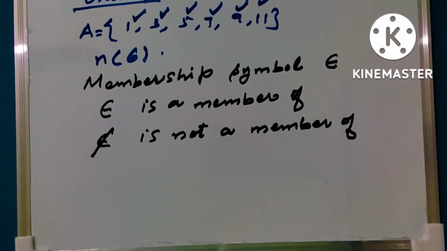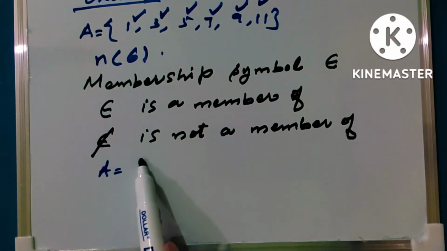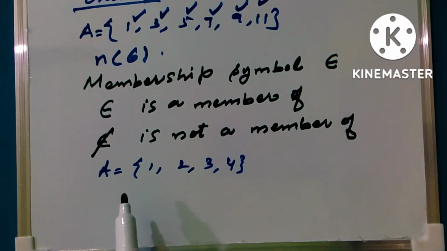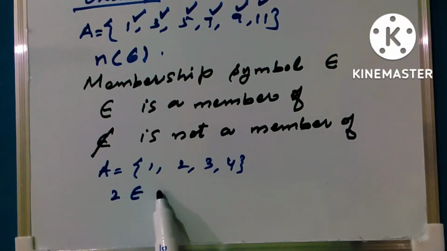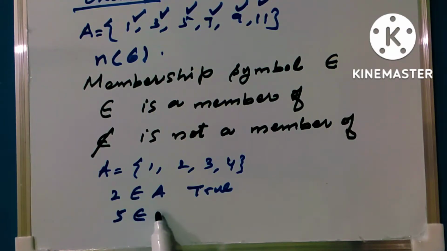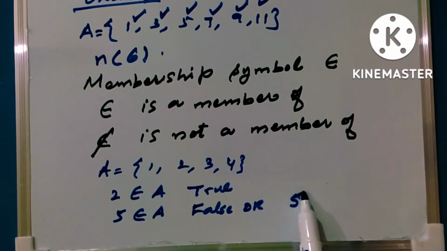For example, if I say there is a set A having elements 1, 2, 3, 4. If I say that 2 is a member of A, so this is true. And if I say 5 is a member of A, this is false. Or we can also say that 5 is not a member of A.